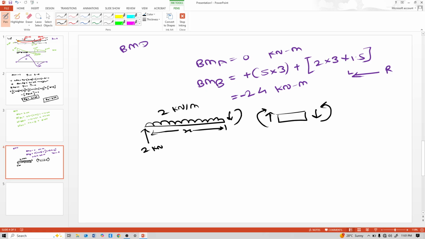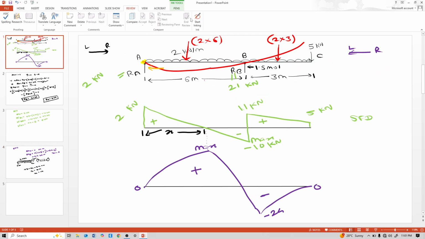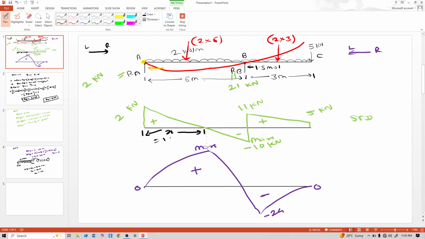Let's assume this as Vx and this as Mx. So upward is positive 2, downward is minus Vx and minus 2x equal to 0. Vx is 0, that means 2 is equal to 2x. So x is equal to 1 meter. Shear is 0 at 1 meter from point A. That means bending moment is maximum at 1 meter from point A.